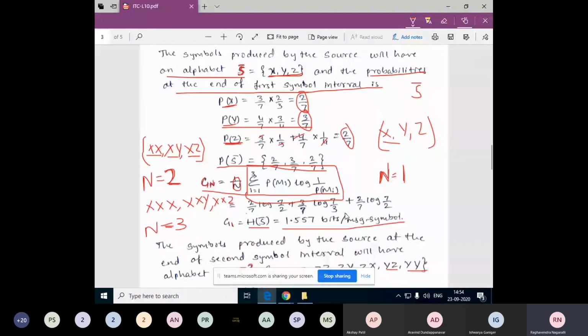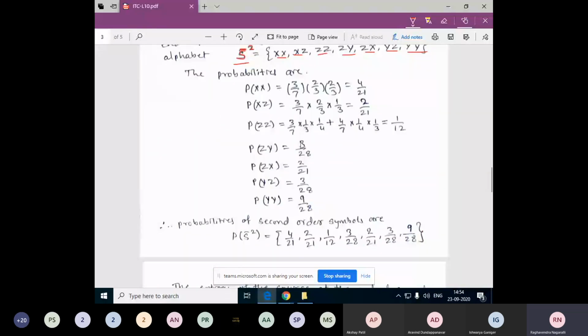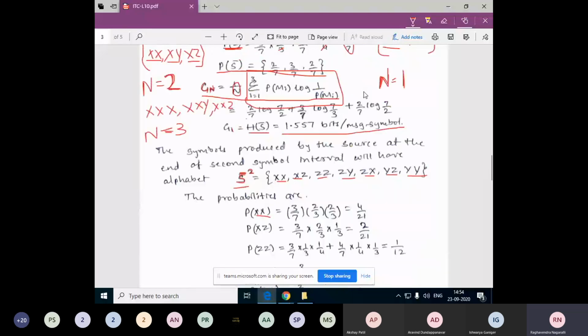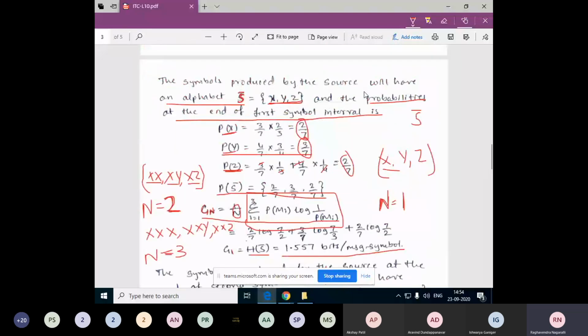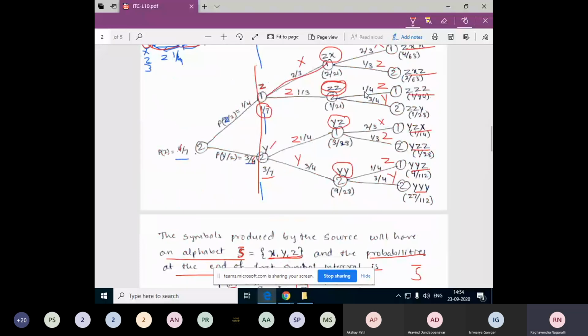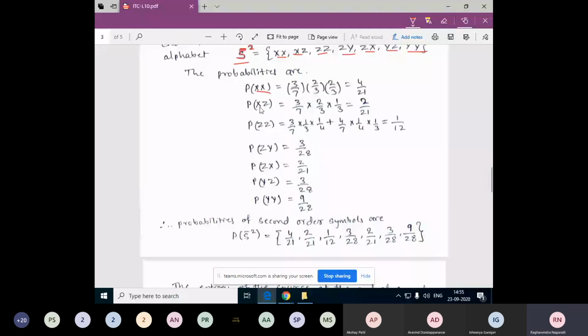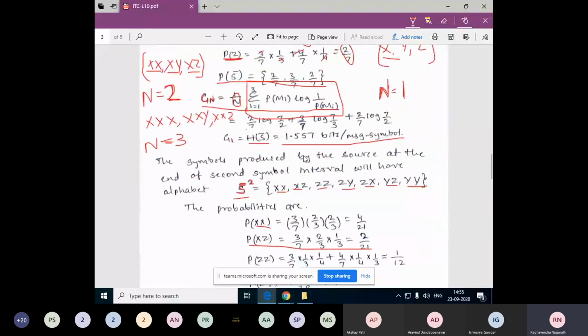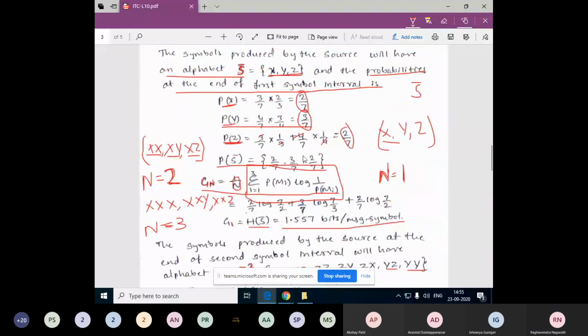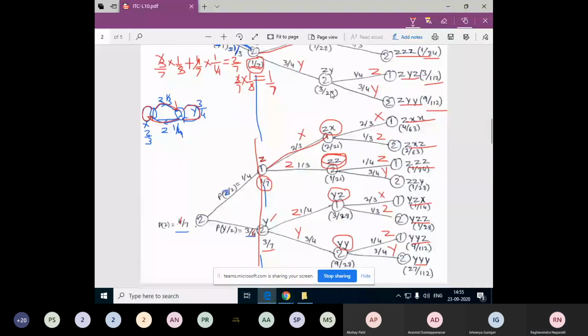So again, while calculating the probabilities, we need to add them. XX is 4 by 21, XZ is 2 by 21, ZY is 3 by 28, ZX is 2 by 21.